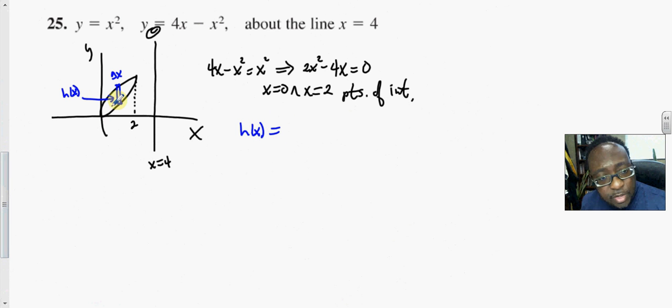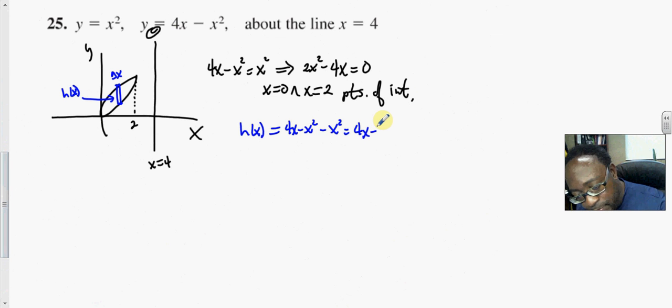So the function above is 4x minus x squared, and the function below is x squared, so h of x is 4x minus 2x squared.